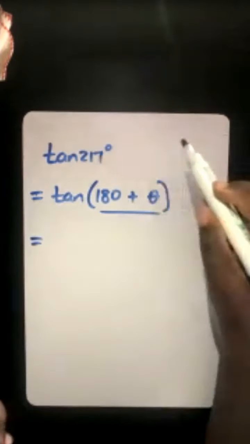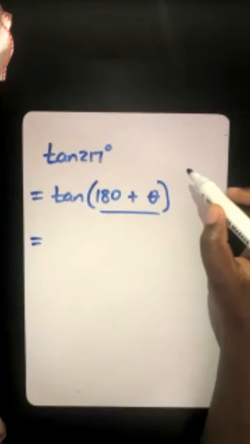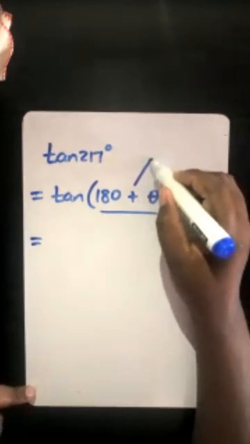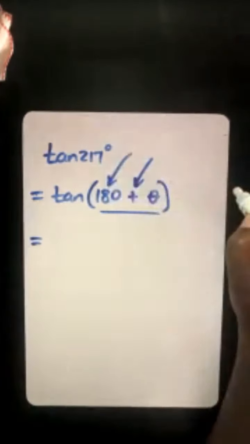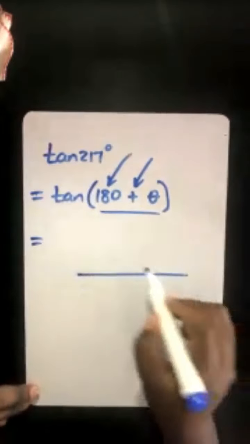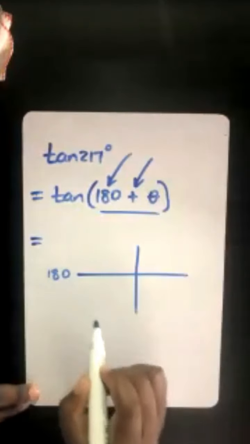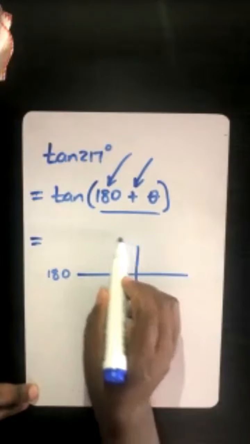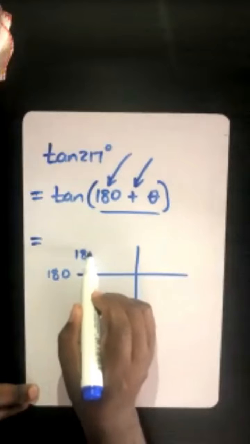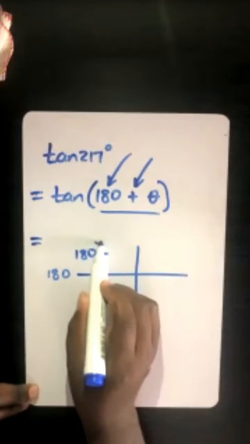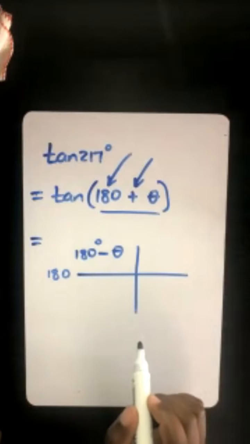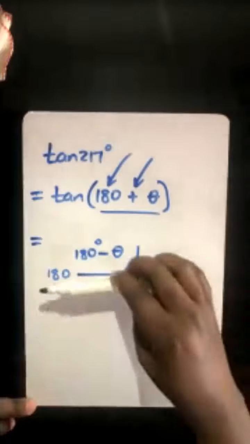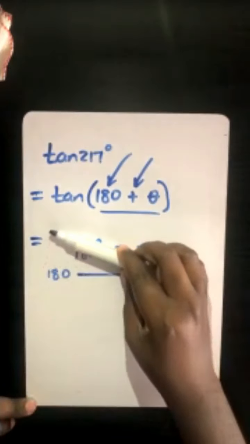So LB and everyone else, the reason you say it falls in a certain quadrant is because of that sign and that angle. For an angle to fall in the second quadrant, it's going to be 180 degrees minus theta. That means it's any angle less than 180 degrees.